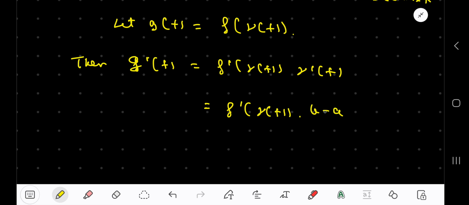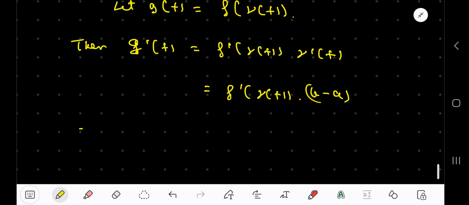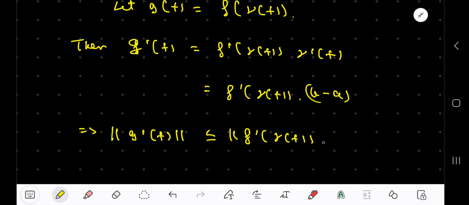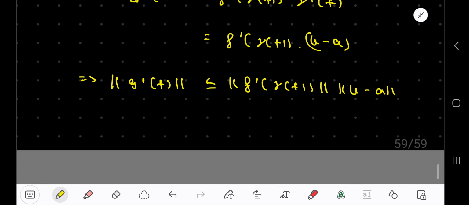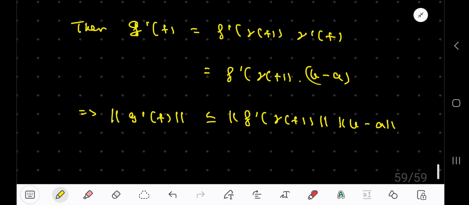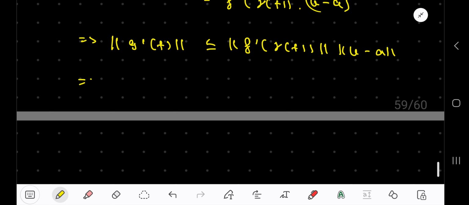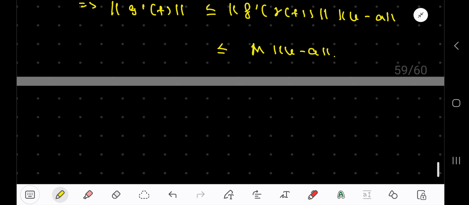It is just b minus a. Fine. Just take the norm on both sides. So the norm of g prime of t is less than or equal to the norm of f prime at gamma of t, which is again the operator norm, times the norm of b minus a. You can easily observe that, because these are linear operators. But the f prime is bounded by M, so this is simply at most M times the norm of b minus a.